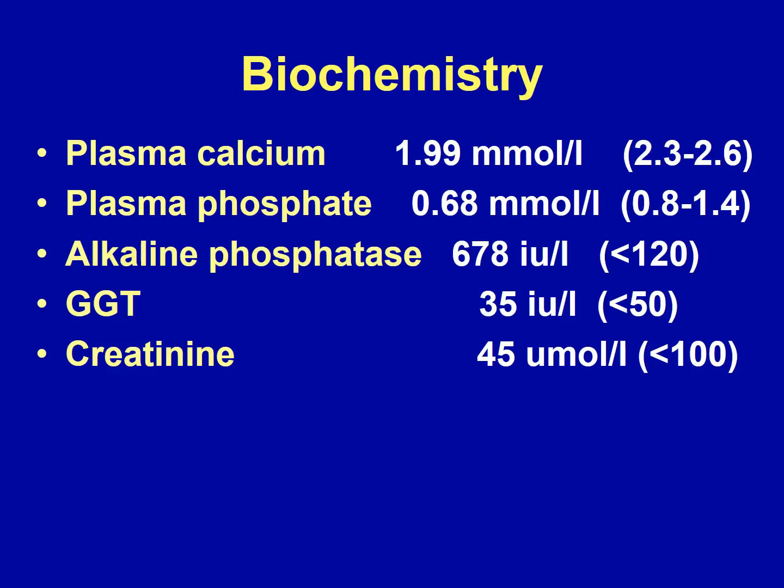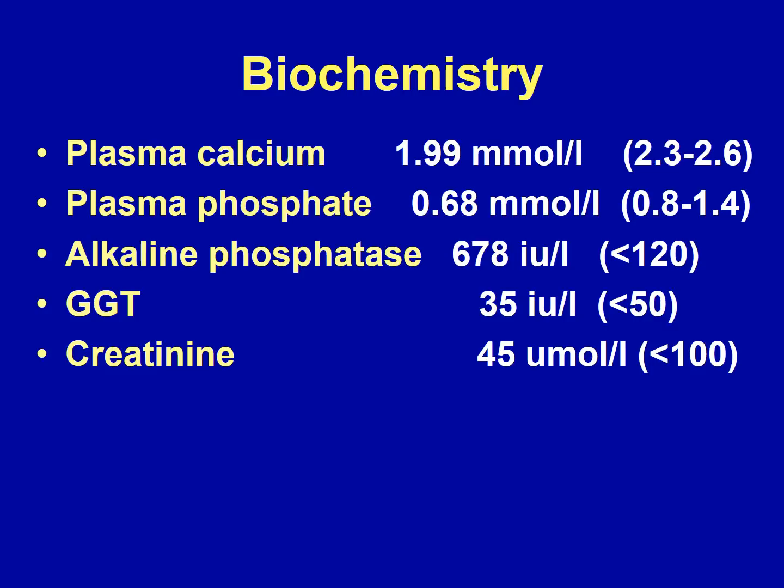Her other liver tests, including gamma GT, as shown here, are normal, which strongly suggests that the alkaline phosphatase elevation in this case is coming from the skeleton. One could confirm that by measuring a more specific marker of bone turnover, such as P1NP, which is only really produced by the skeleton.